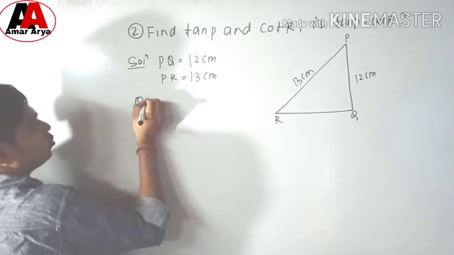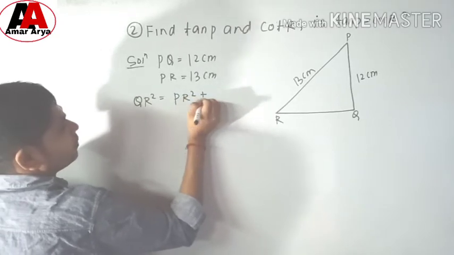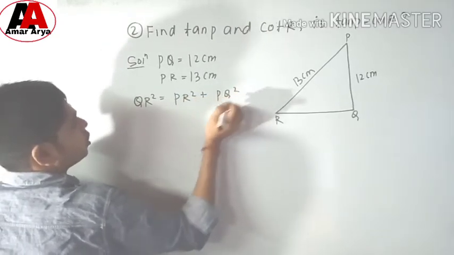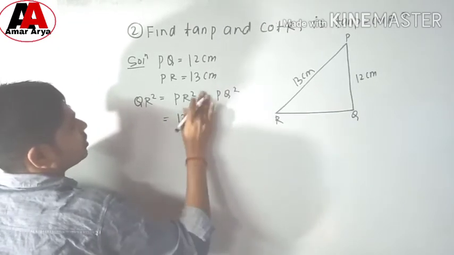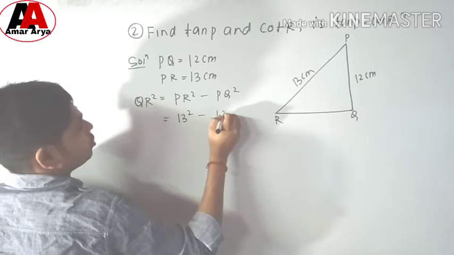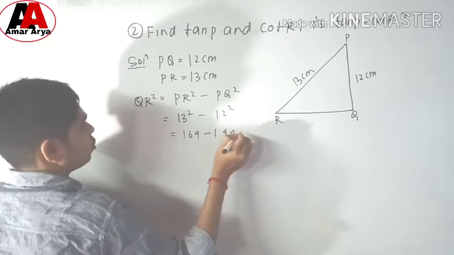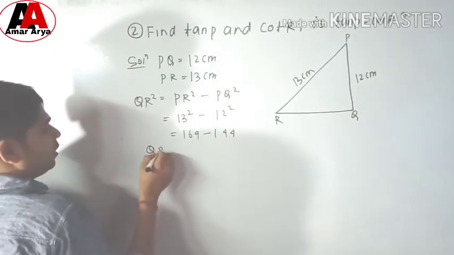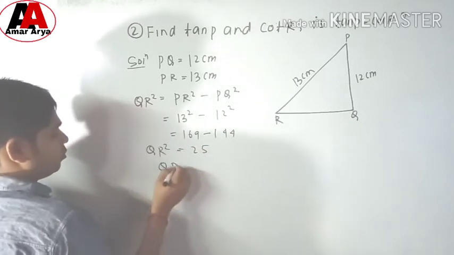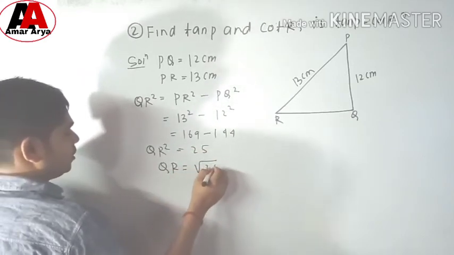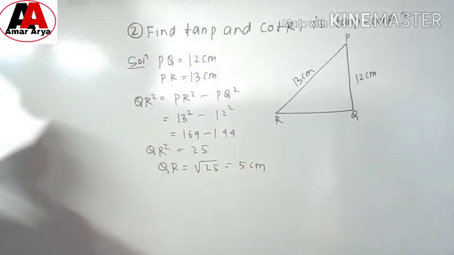QR square equals PR square minus PQ square, so 13 square minus 12 square. So 169 minus 144. After simplifying, we get QR square equals 25. So QR equals root under 25, which is plus minus 5, but you have to take the positive value. So this is the value.